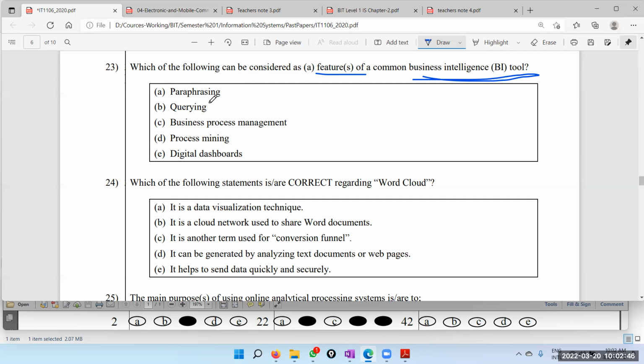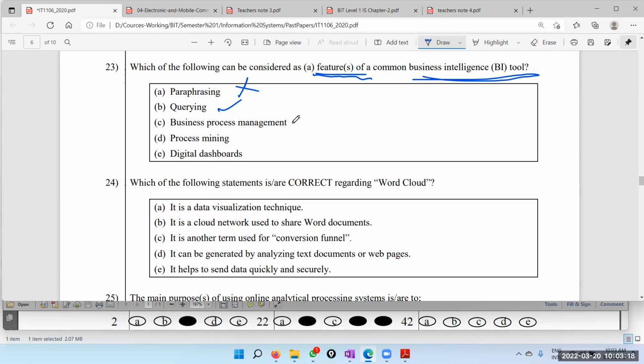It is something to do with English. Paraphrasing is how you phrase your points in preparing reports, etc. Querying. If we can query data and get some information, that can be helpful. Not directly, but usually the MISs and other systems also help us query and get some data so that we can look at the results and take the decisions.